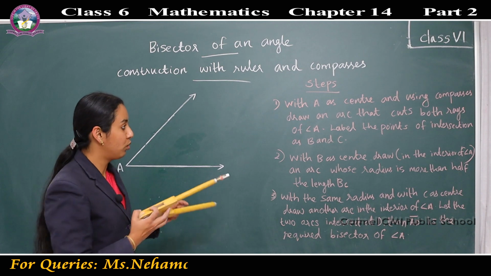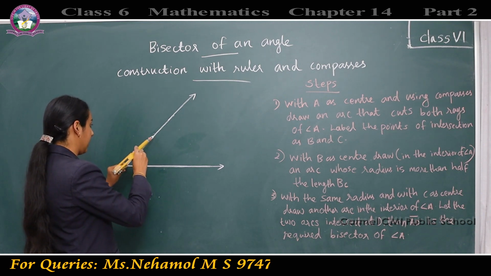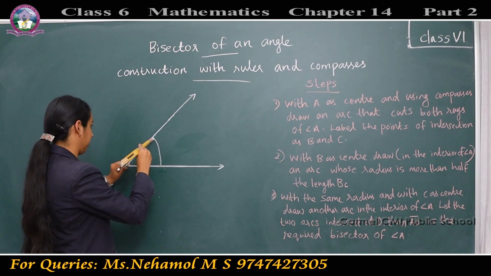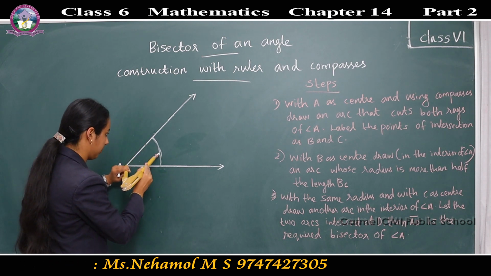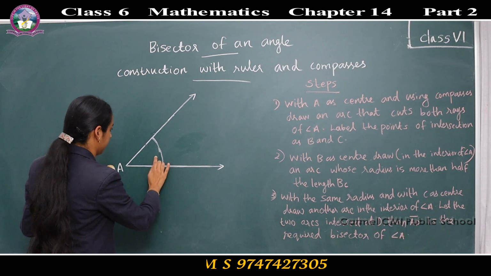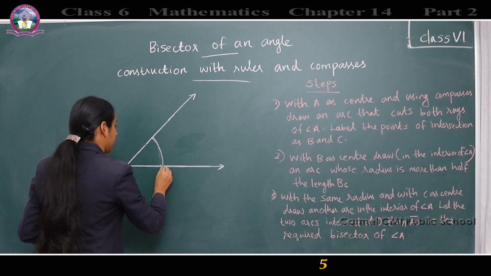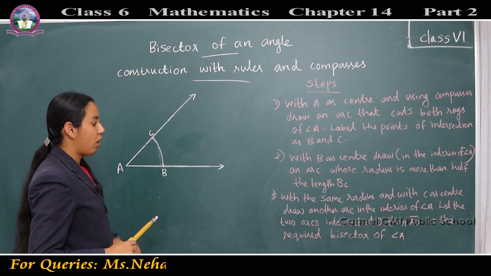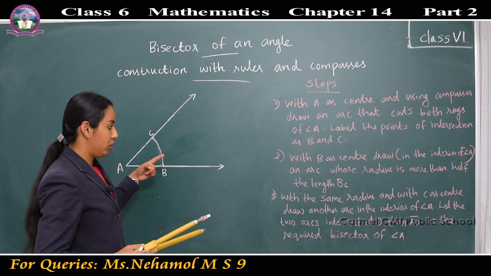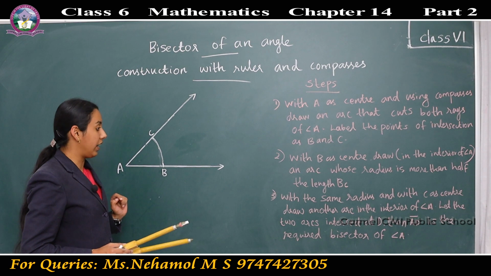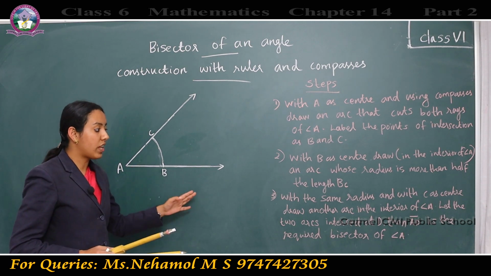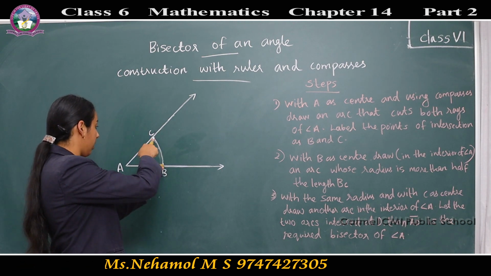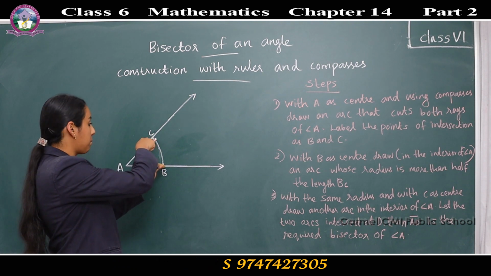So, first we have to draw an arc with the center A. Then this point named as B and we can name this point as C. Now with B as center, draw an arc in the interior of angle A whose radius is more than half the length of BC.